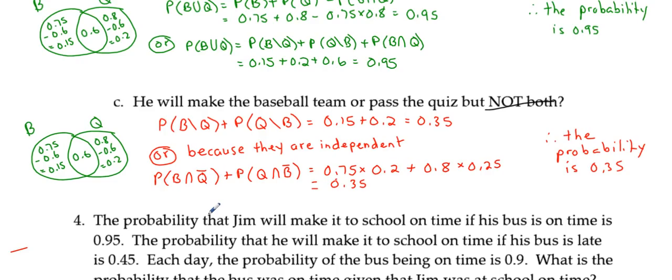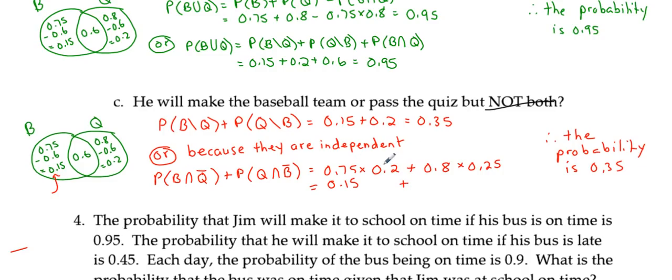So this 0.75 times 0.2, that is actually 0.15, which is where this number comes from.